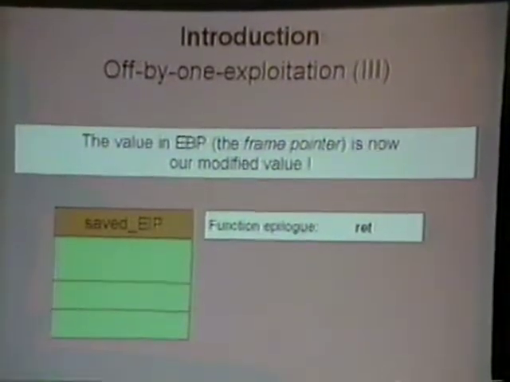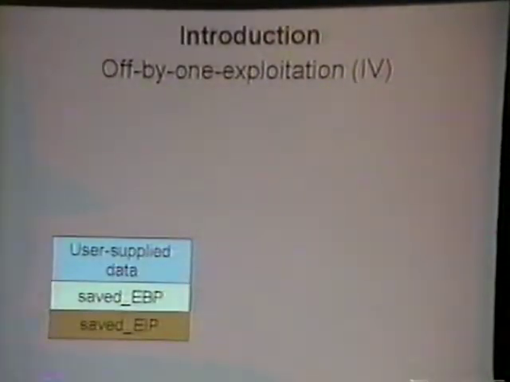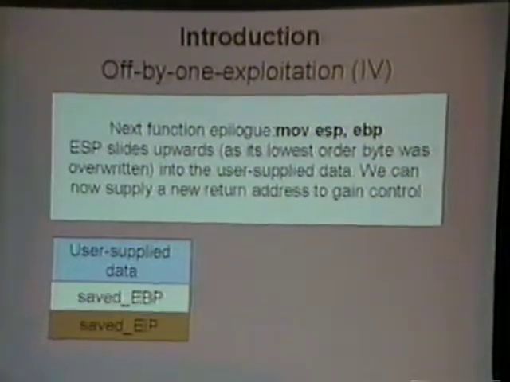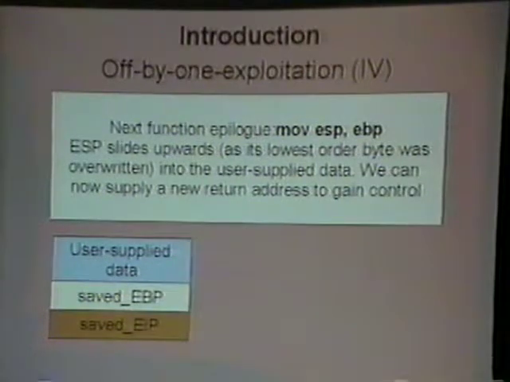Now, we have to keep in mind here that EBP has been manipulated. When the next function returns, we again have user supplied data in blue, the saved EBP in white, and the saved EIP in red. So the standard epilogue is executed again, which moves EBP into ESP.